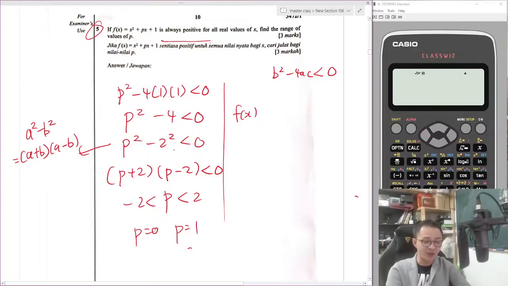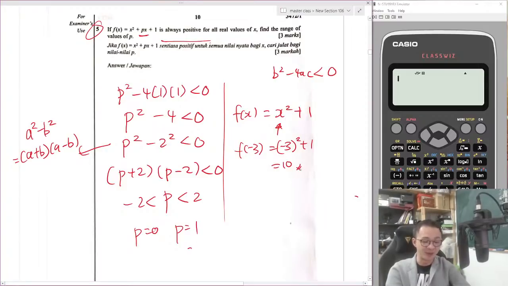Let's say p equals 0, I sub into the equation, then I get x squared plus 1, because p becomes 0. Then no matter what x value you sub in, you will always get a positive value. If you sub in negative 3, you get negative 3 squared plus 1, which is positive 10.